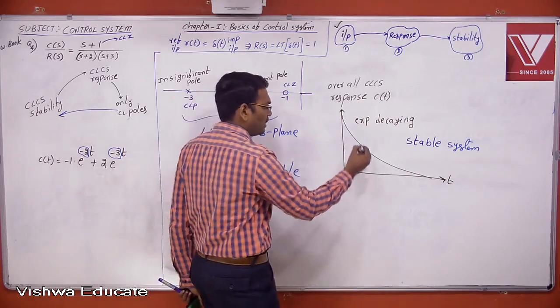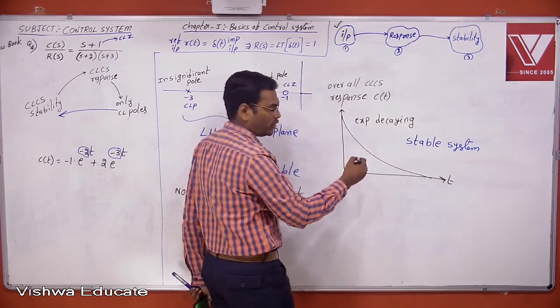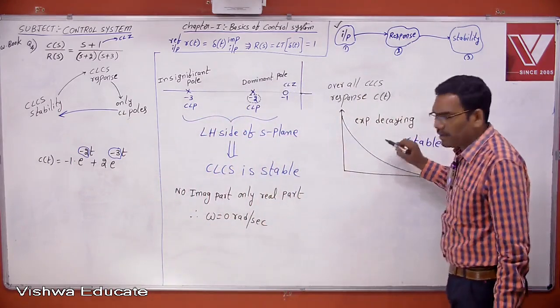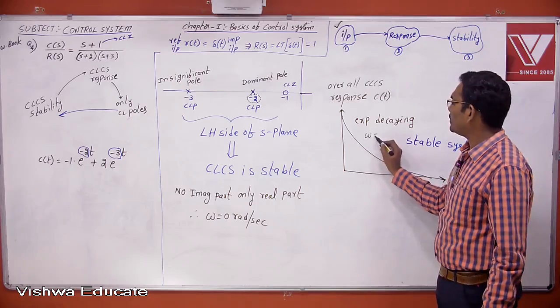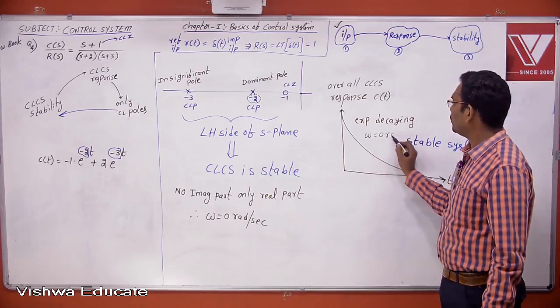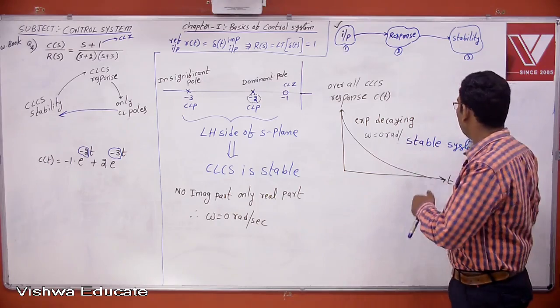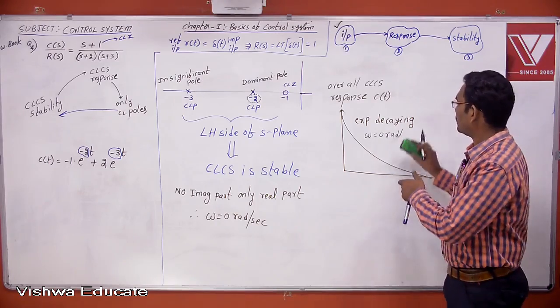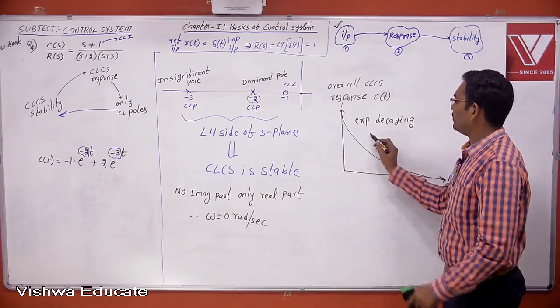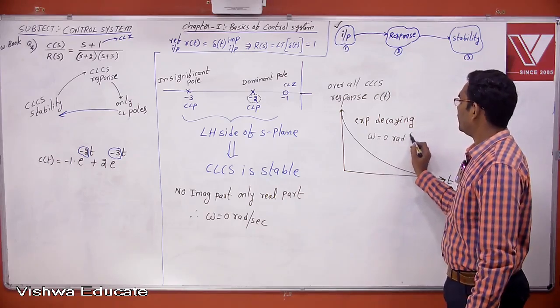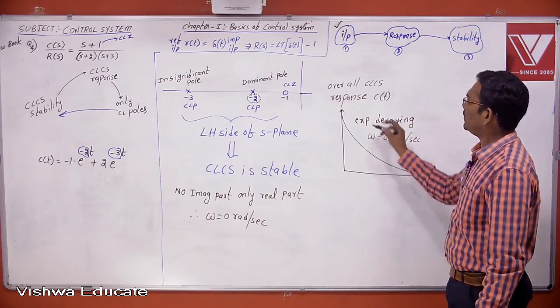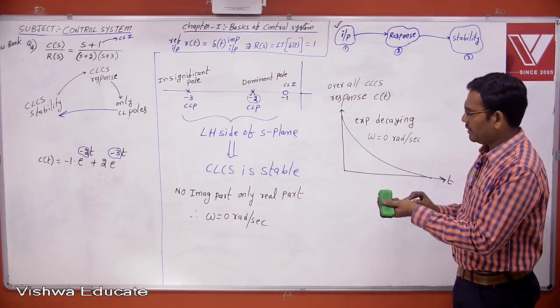Is there any oscillation? No oscillations. Is there any sinusoidal nature here? No sinusoidal nature. Therefore the frequency of oscillation is 0 radians per second. Now this is the frequency of oscillation in the response.